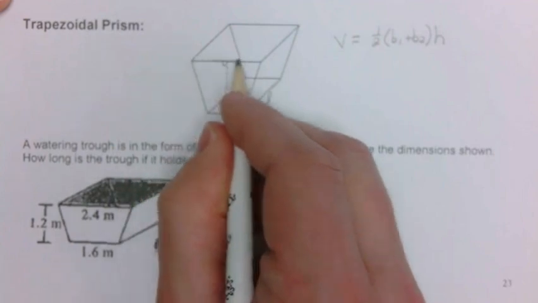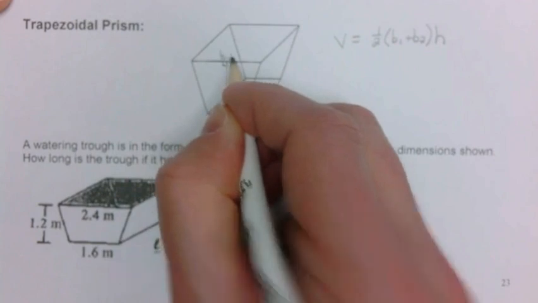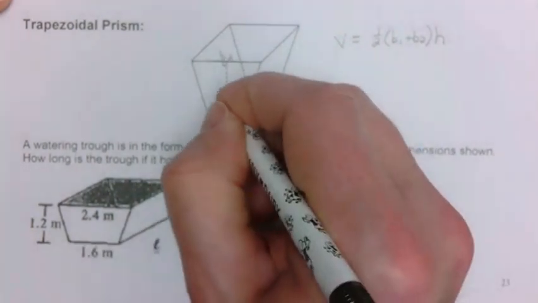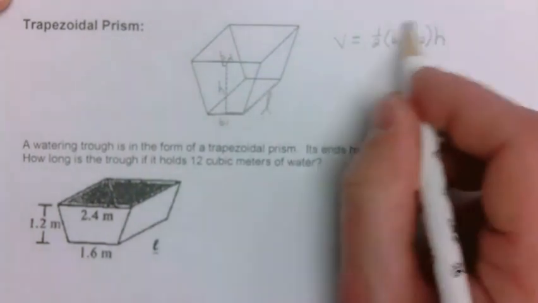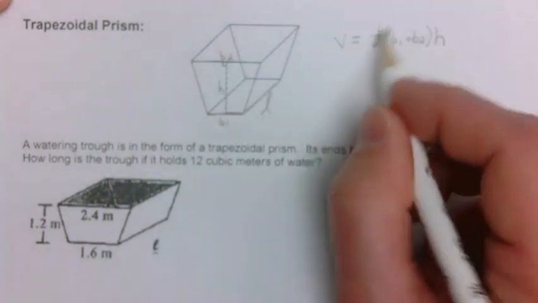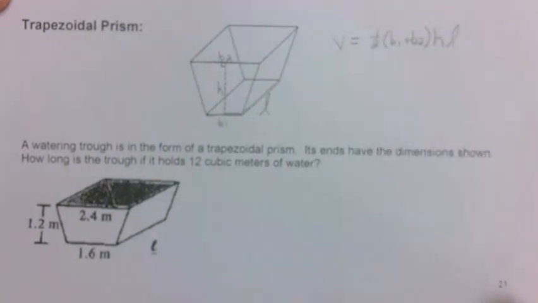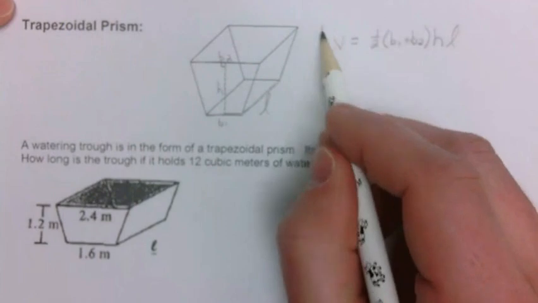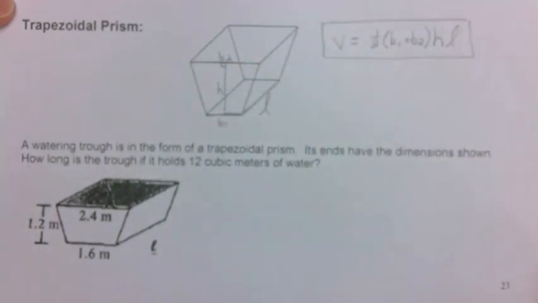Okay, remember that the bases on the trapezoid are the two parallel sides, so that's going to be base 1 and that can be base 2. The height is perpendicular to both of those. Okay, so that would be the area of one of the trapezoids, and then to get the volume at the end, I just have to multiply by L, the length. So this is the formula that you would use to find the volume of a trapezoidal prism.